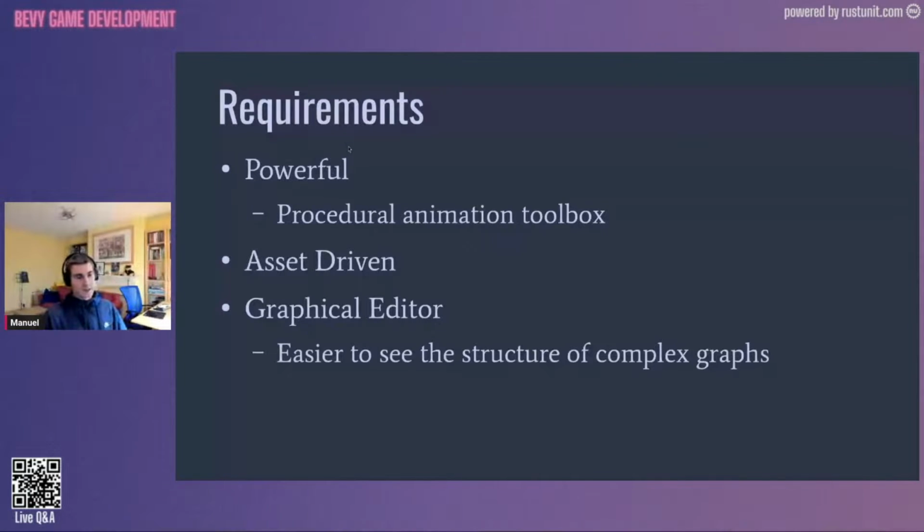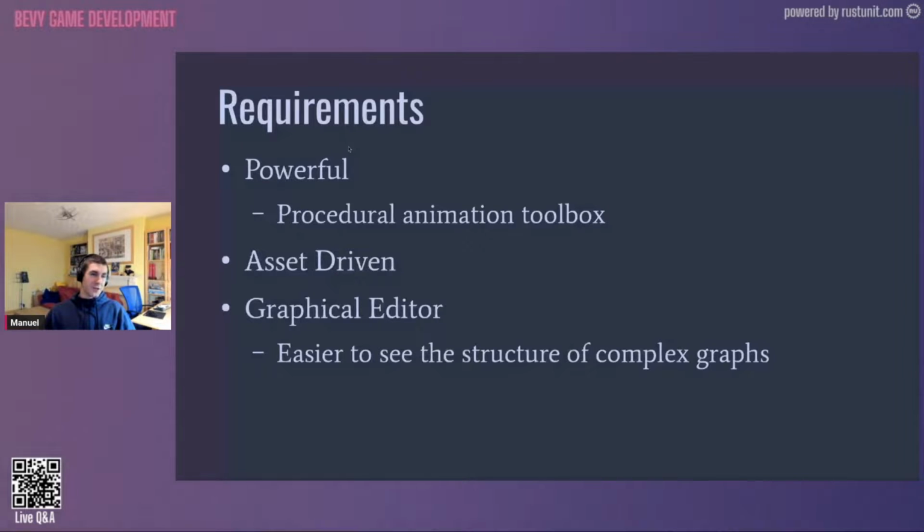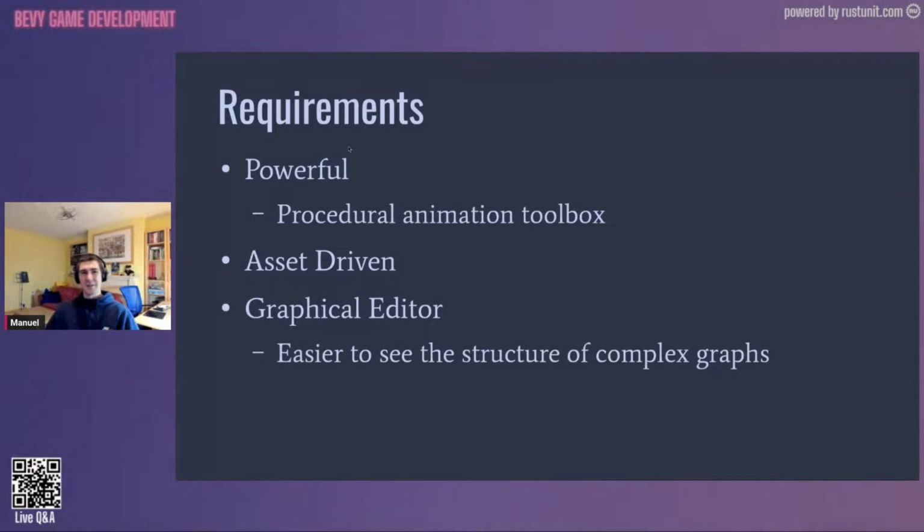And lastly, the graphical editor. So why do I want a graphical editor? You might not think so at the beginning, but when you start doing animation graphs, they can grow pretty complex very quickly. And trying to parse that, at least for me, from a text file, it takes a lot of cognitive load that you would rather just focus on different things.